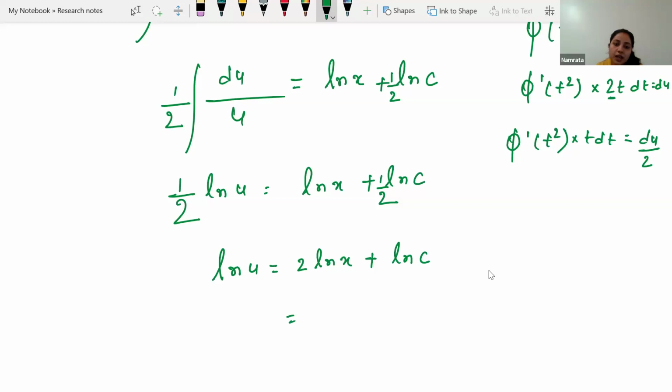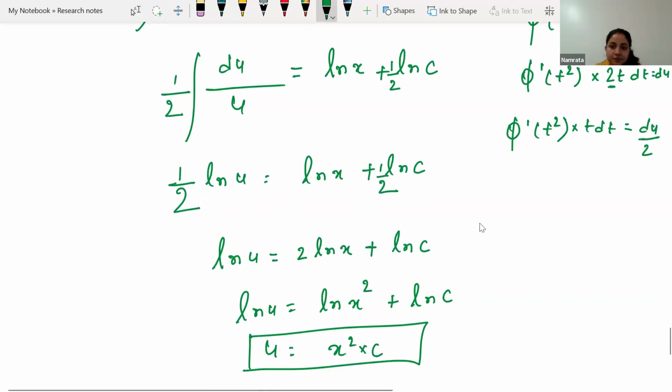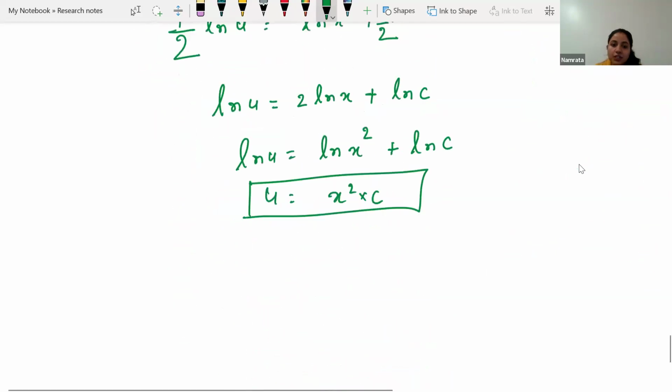So we have logarithm of x square over here, ln c over here, u over here. So u is equals to x square into c we are having. Can you see? Yes. Okay.